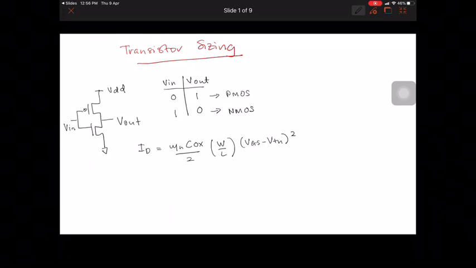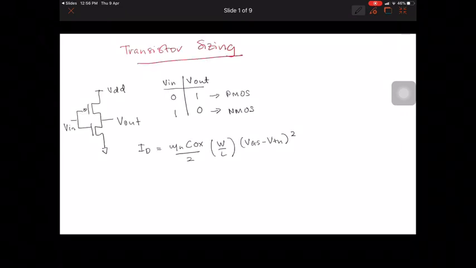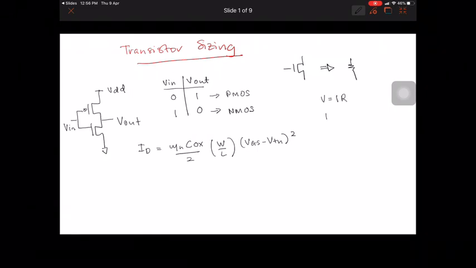Now we want to transform each transistor into a resistor. And we know from Kirchhoff's law that V equals IR, so the equation for the resistor is the voltage over the current.